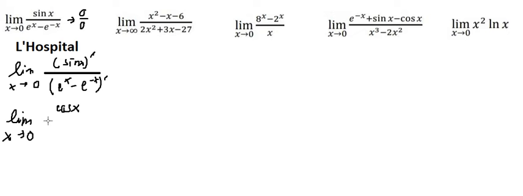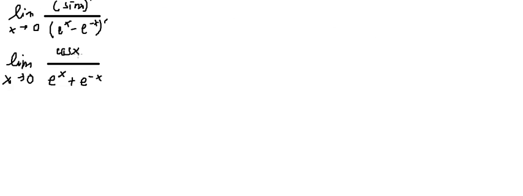The first derivative of e to the power of x gives e to the power of x. The first derivative of e to the power of negative x, but we have another negative, so you get positive e to the power of negative x. Now we put 0 here, here and here, and we will get the final answer.